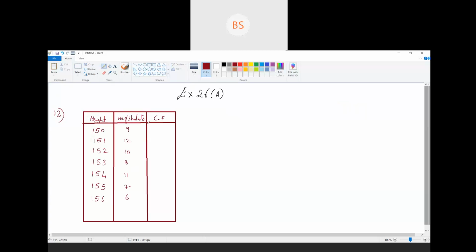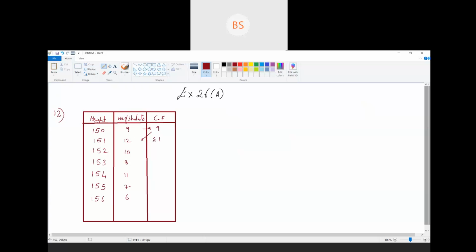So first cumulative frequency, first frequency value we write as it is, and then we go on adding. The first value is 9, so 9 plus 12, 21.